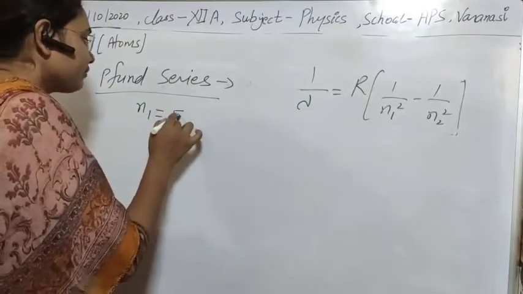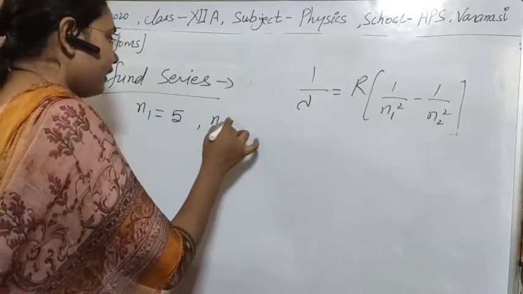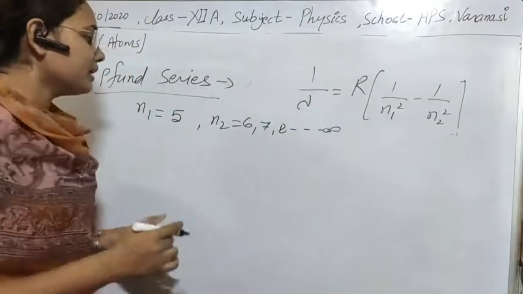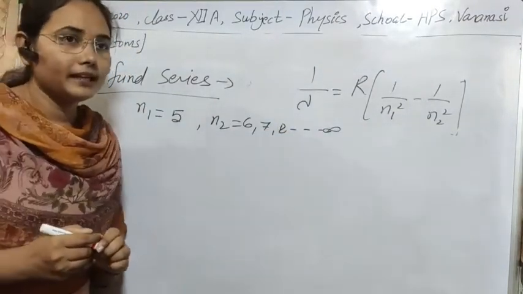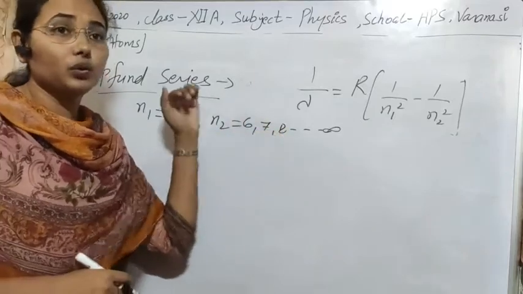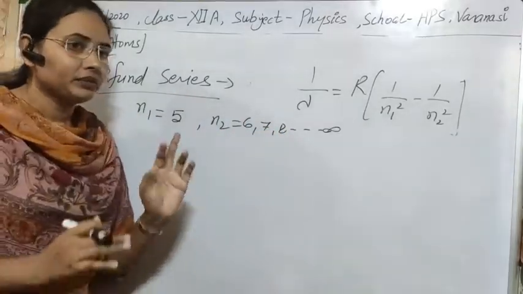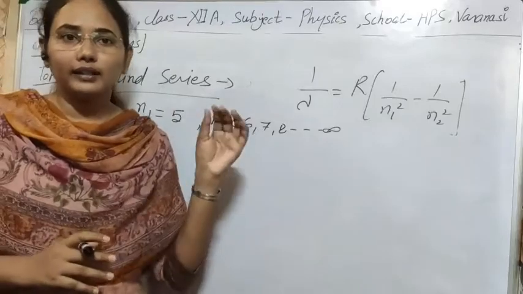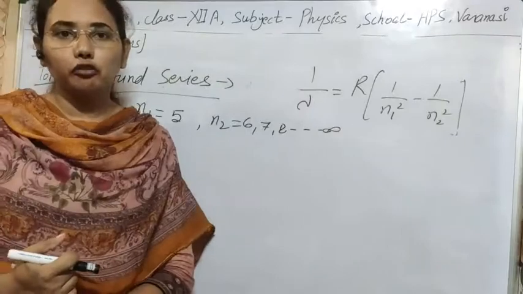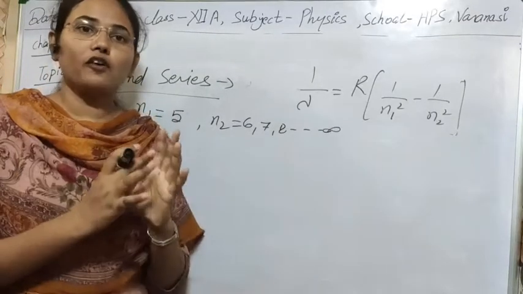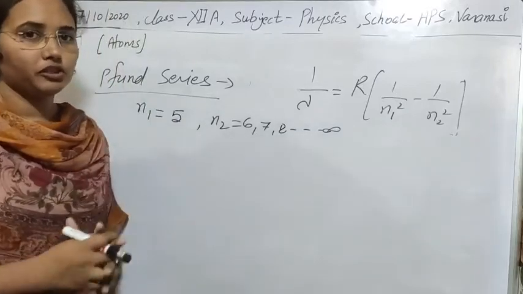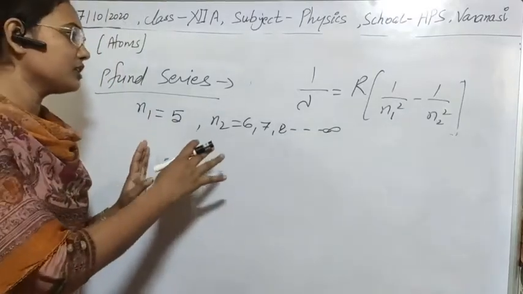That will be n equal to 5, and n2 can be 6, 7, 8, and so on up to infinity. If any electronic transition takes place from any higher state to the lower state n equal to 5, then all those wavelengths lie in what is called the Pfund series. The collection of all those lines of the spectrum is known as the Pfund series. So I think the Pfund series is also clear to you.